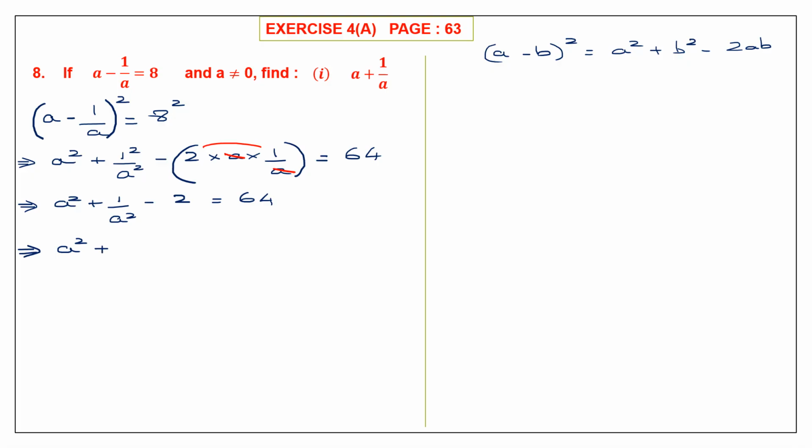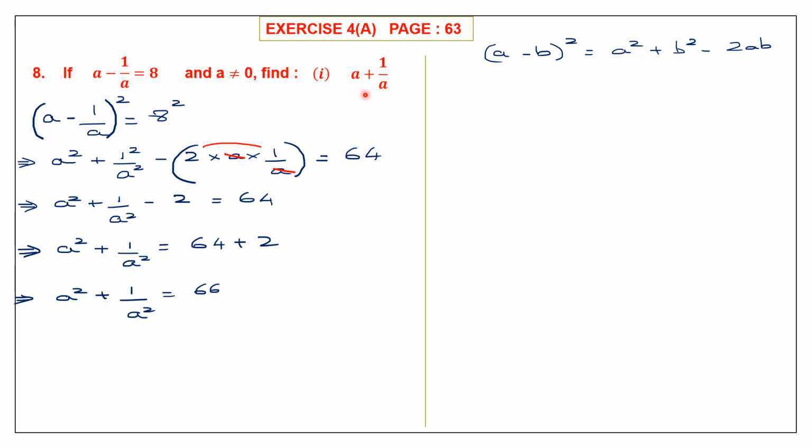So in this case, 64 is on the right hand side. We're going to transpose this minus 2 to the right hand side. It becomes plus 2. So here what do we have now? We have a square plus 1 by a square is equal to 66. So now we have the value for a square plus 1 by a square, and that is 66.